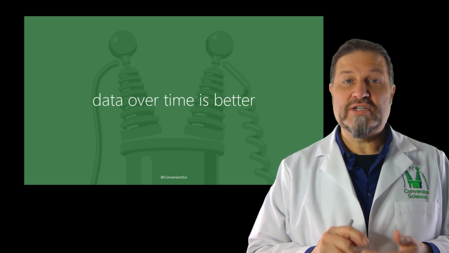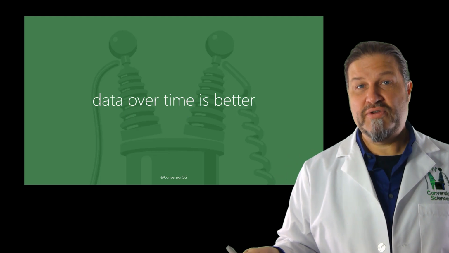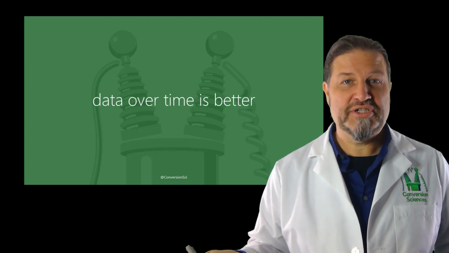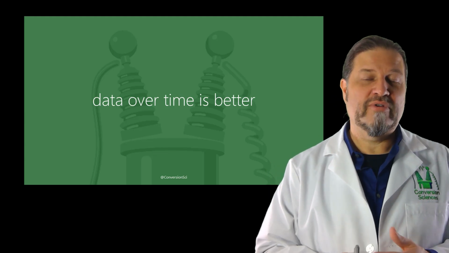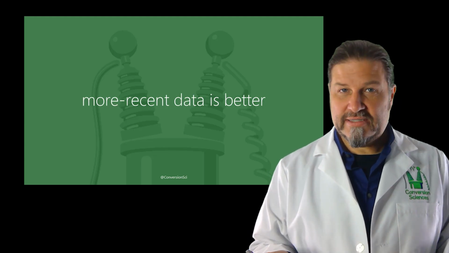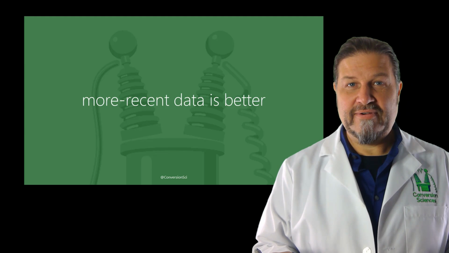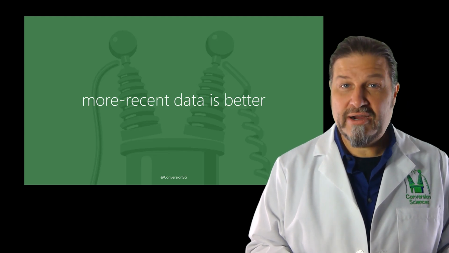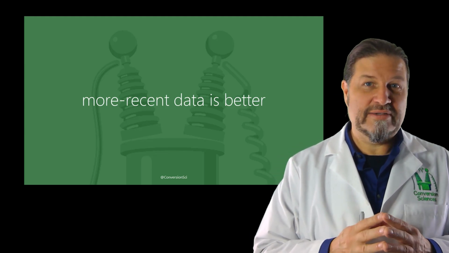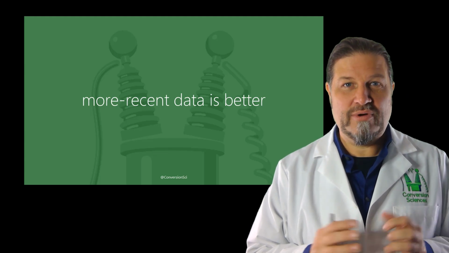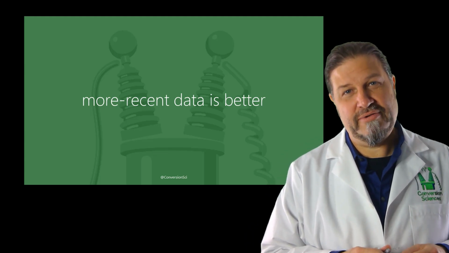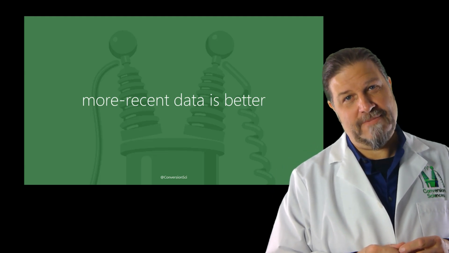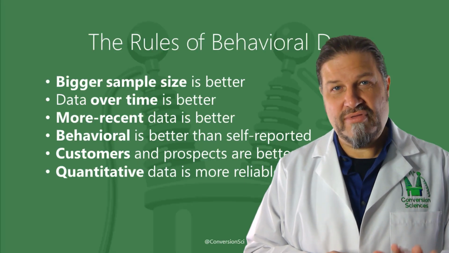It is over time, so it isn't just a few days, but these campaigns generally run for a long period of time. Your email campaigns generally run for a long period of time. It's recent, unless you are looking at data from a previous period or a previous year. And these are all the things that we want to see in data. This tells us that what we're looking at is very, very strongly directional in the way we should be making decisions. So I'll talk more about those rules in a later session.